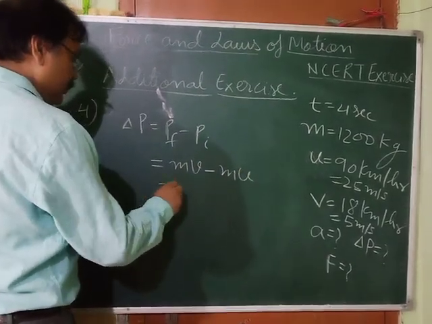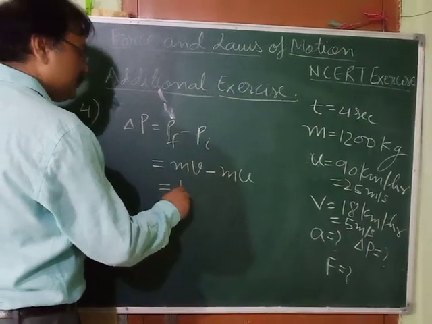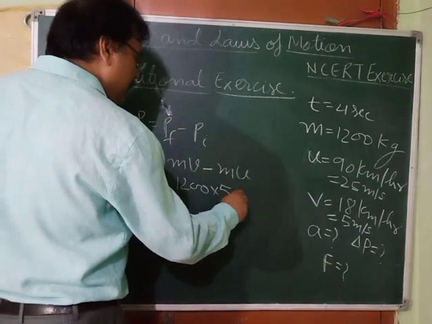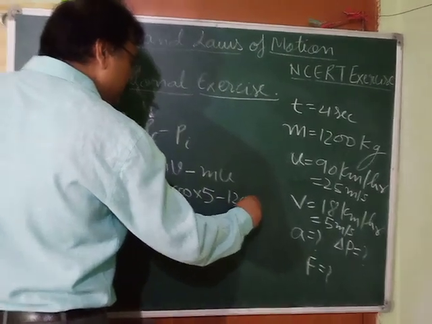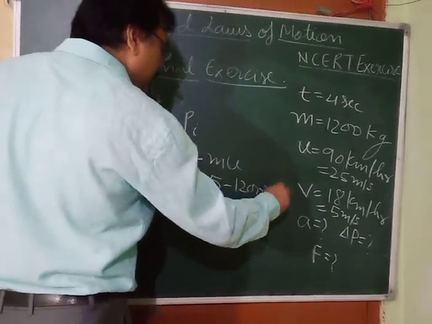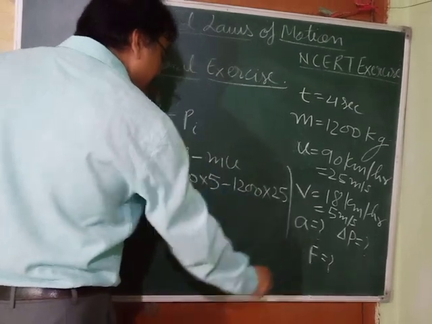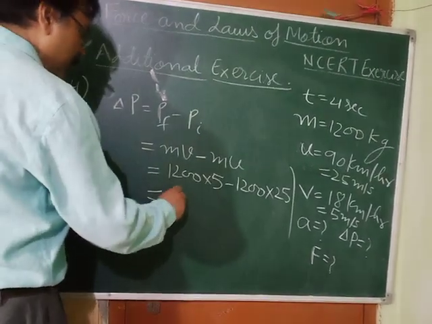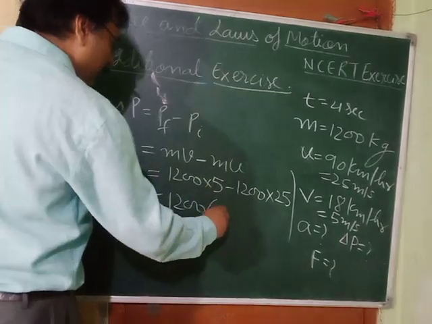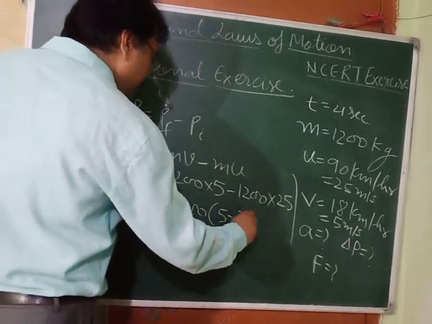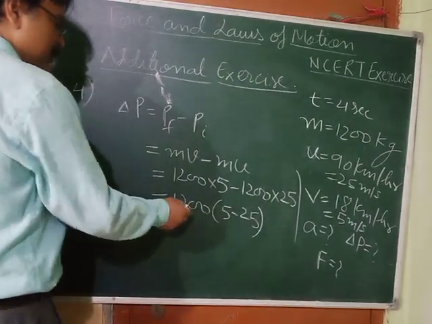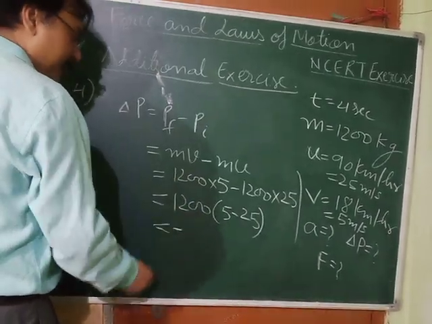So m is 1200, v is 5, minus again 1200, u is 25. So we can take 1200 common: 1200 into 5 minus 25. What will we get from here? Minus 20. Minus 20 into this much.